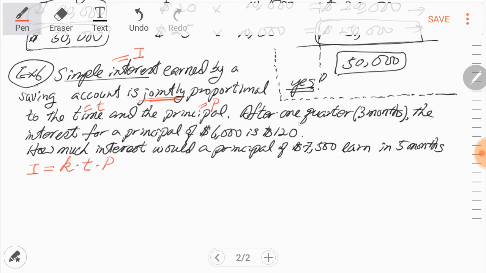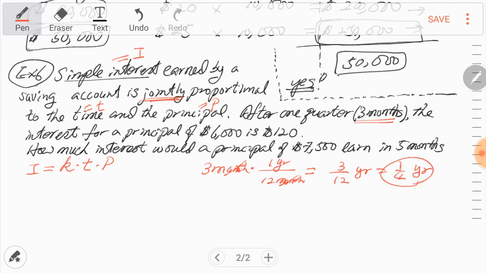And after 1 quarter, okay, 1 quarter is 3 months, and we gotta change this month to a year. So 1 year is equal to 12 months. So we can cancel out this month. So this is equal to 3 over 12 year, which is 1/4 year. Okay.